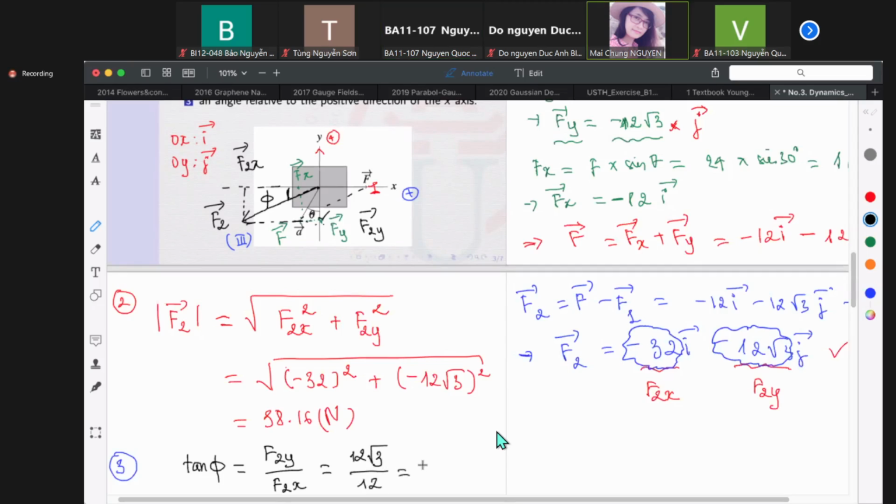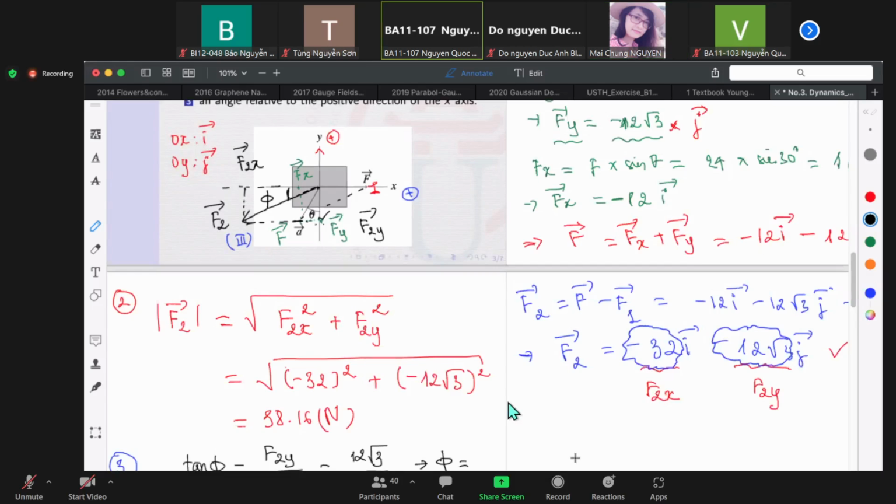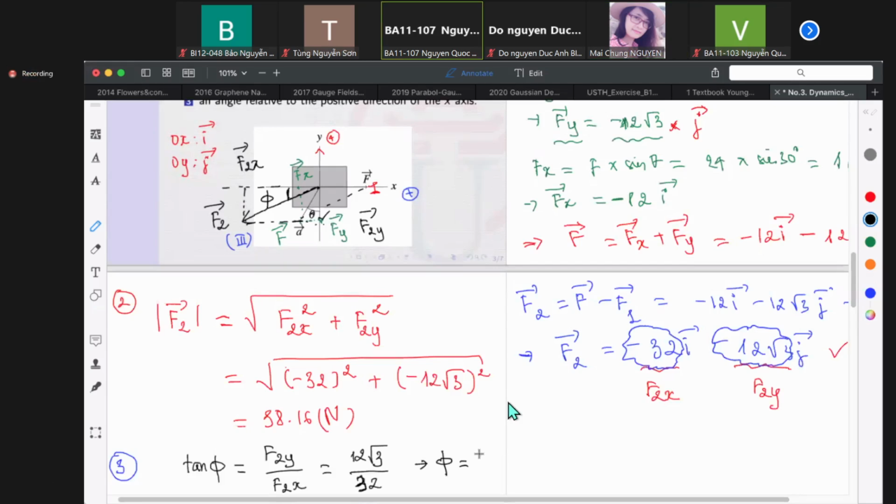Yes, it's equal to, sorry, 32. So how about the value of the angle phi? 3 multiplied by square root of 3 over 8. Okay, so could you show me the final answer for the value of phi? It is equal to approximately 33 degrees, right? 33 degrees for phi.